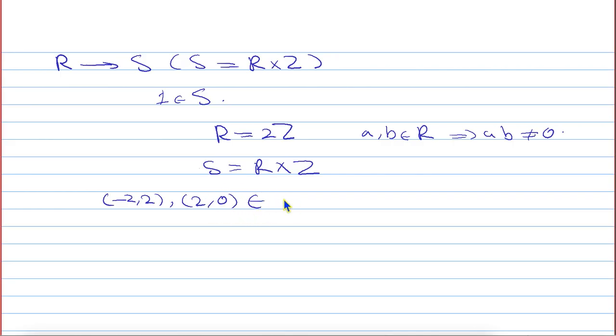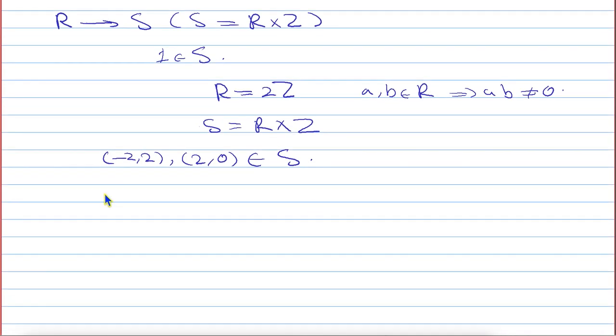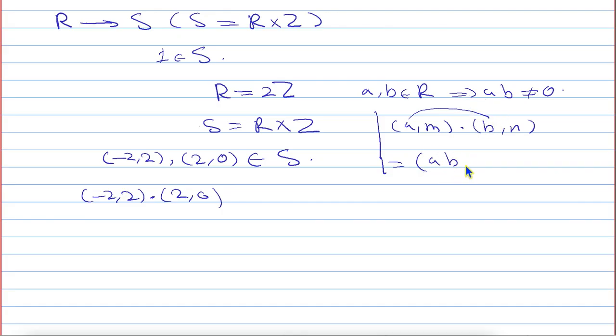Okay, both are in S. Now what is their product? According to the multiplication formula which we defined, remember that (A, M) times (B, N) equals (AB plus NA plus MB, MN).